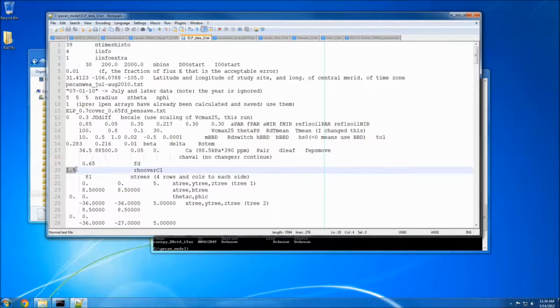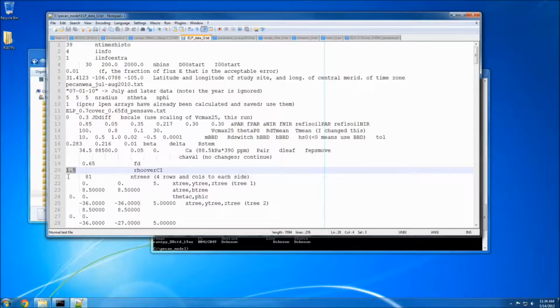This parameter rho over C1 on line 20 is a parameterization of the canopy aerodynamic conductance to the ambient air. It's a value that was used in the classic canopy models of Pierce, Sellers, and co-workers, and that can be explained in another document.